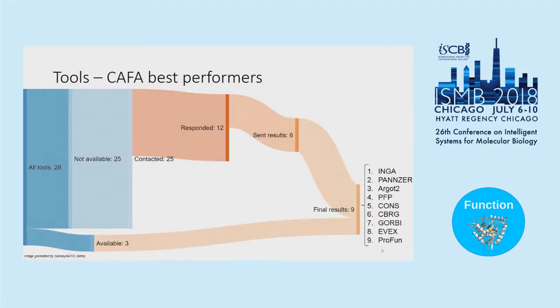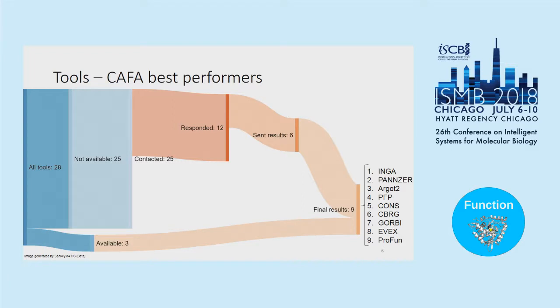To evaluate the feasibility of applying metamorphic testing to AFP tools, we picked the top performing tools from CAFA 2. We started with 28 tools. At the time of investigation, only 3 tools were available or would work.